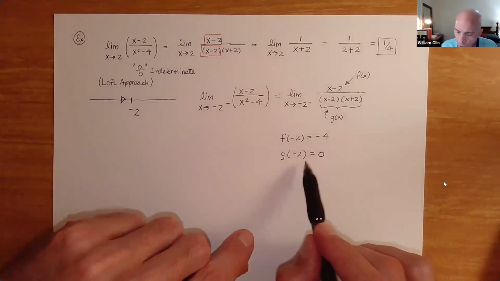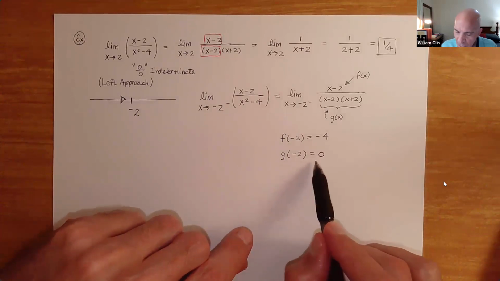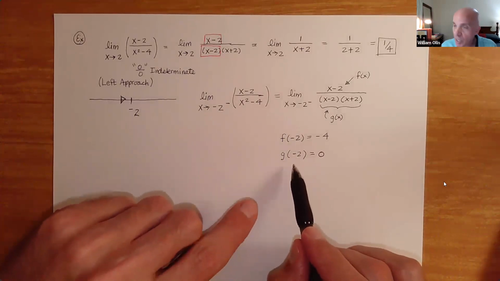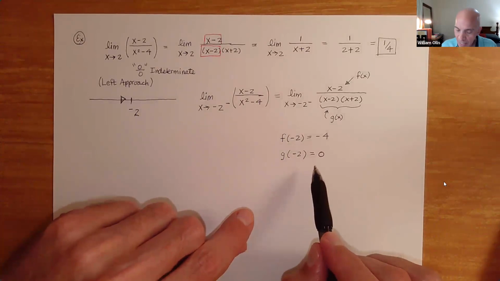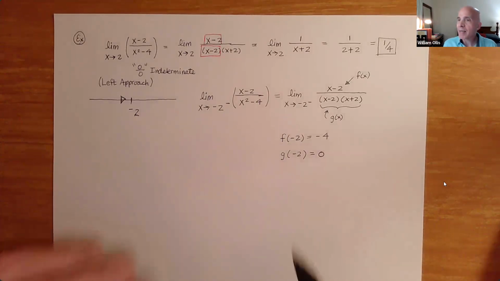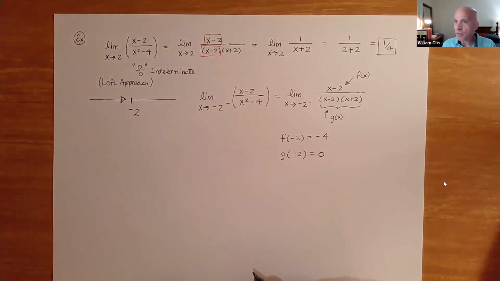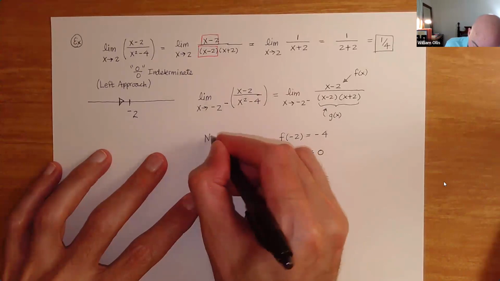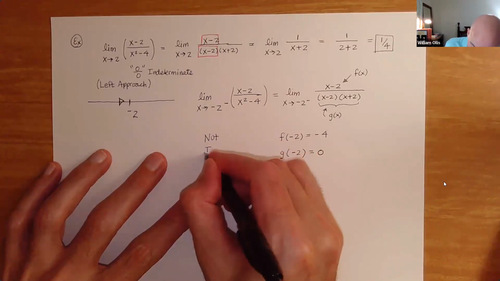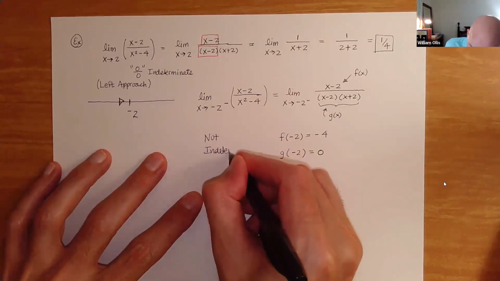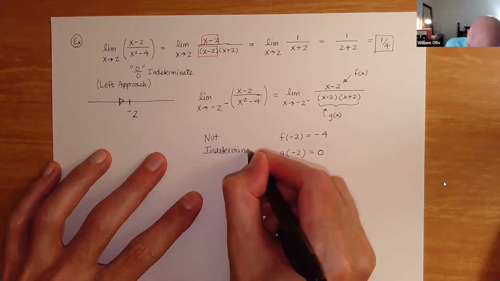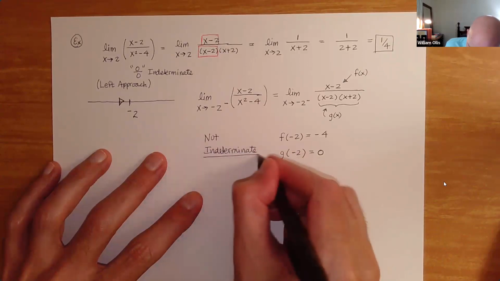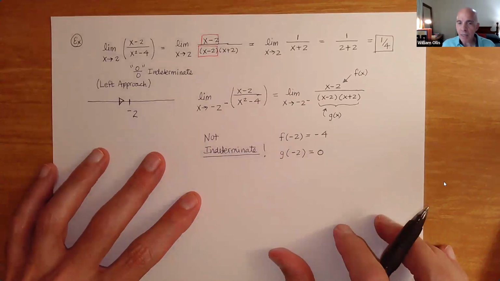So now what we see is the 0 in the denominator is not coupled by the same 0 in the numerator. So you don't get the 0 over 0. So in this case, we say this is not indeterminate. Very different here. This is not indeterminate.